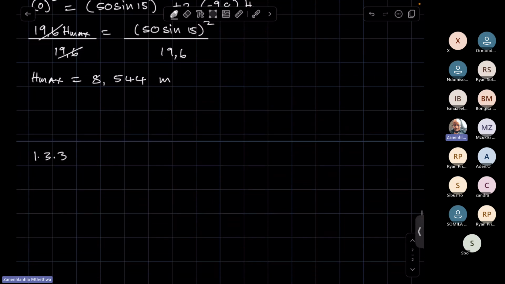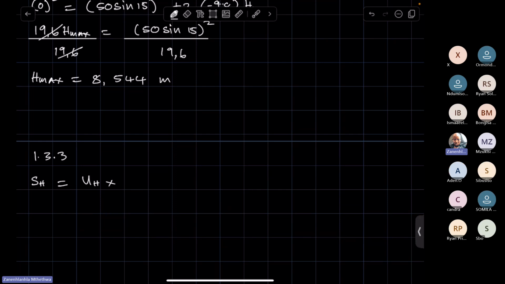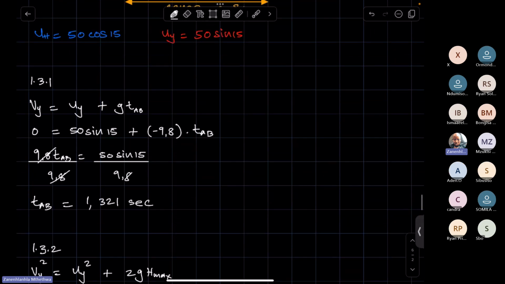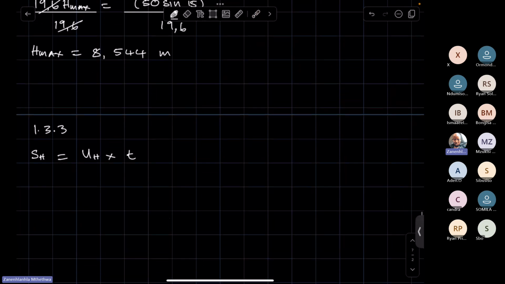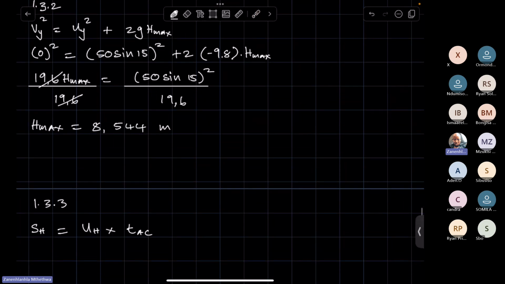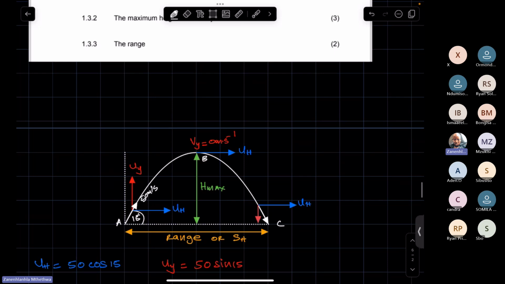And that is one of the displacements. So SH, or the range, is equal to UH times T. Now the T is the time it took the cricket ball to move from A to C. Now what is AC?